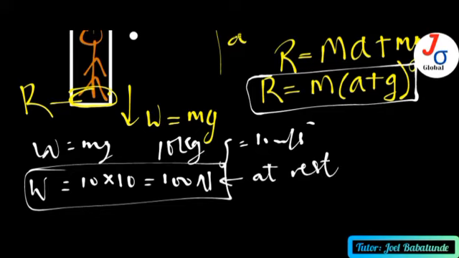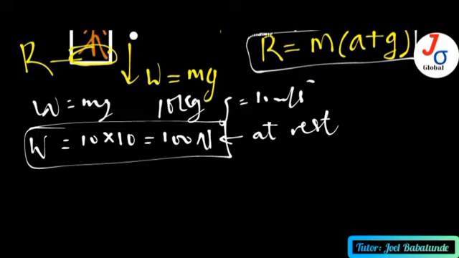Now when the lift begins to move with an acceleration of, let's say, 5 meters per second squared upwards, what's going to be the weight of the guy?